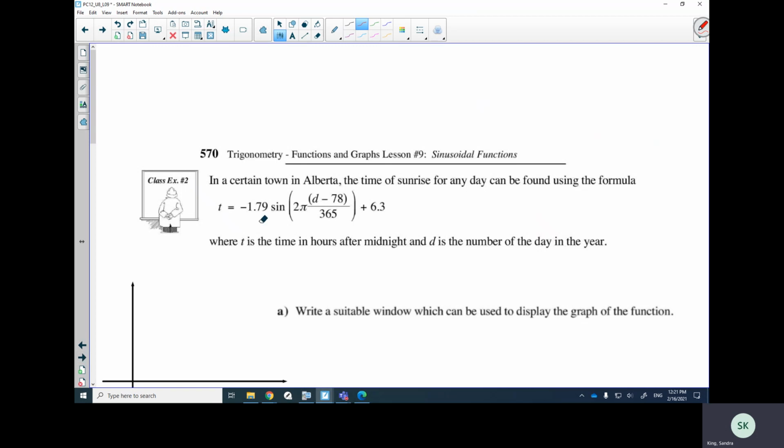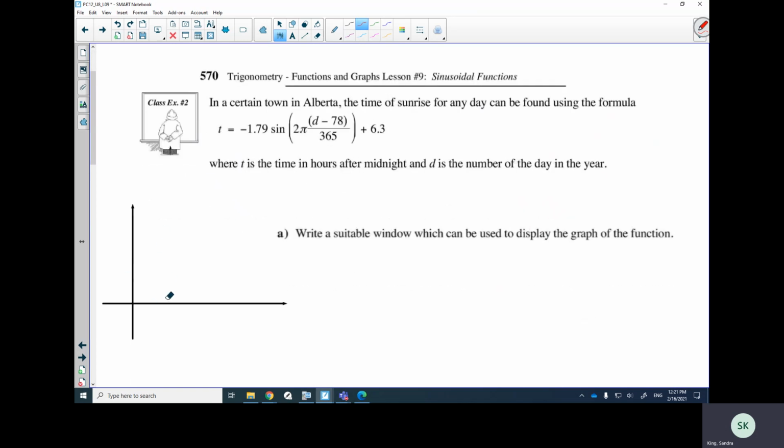So this is the formula for a town in Alberta. They don't tell us what town. So a few things. Let's draw a Cartesian plane, and let's see if we could label our x and y axes. Let's see if we could find our midline, and then we're going to just approximate the max and min. They're gross decimal numbers, so we'll just get a rough sketch.